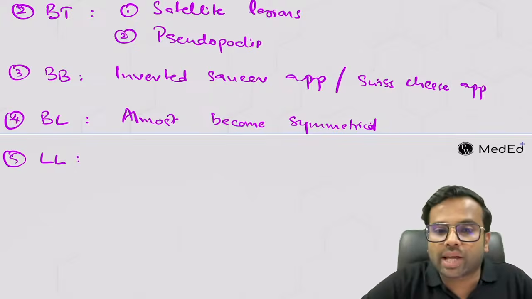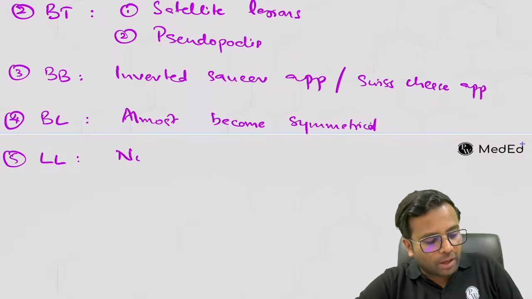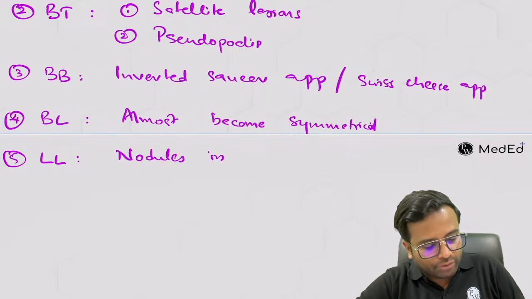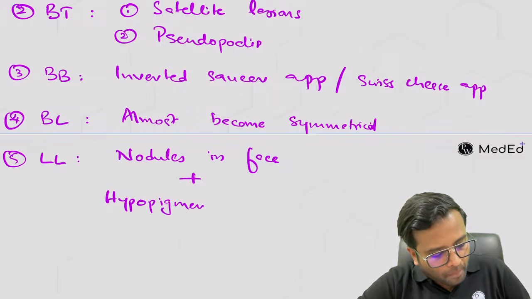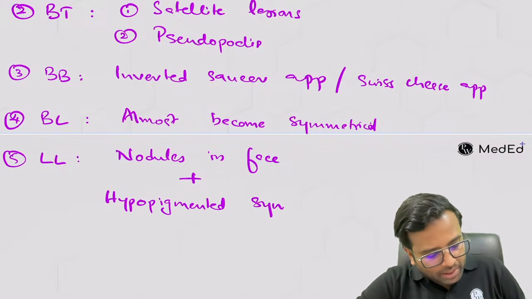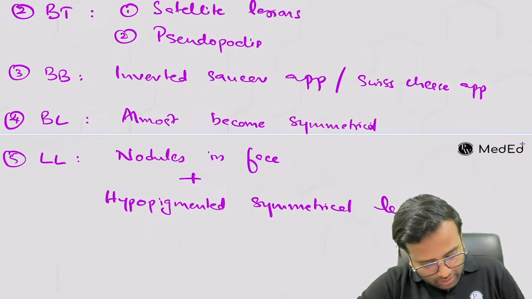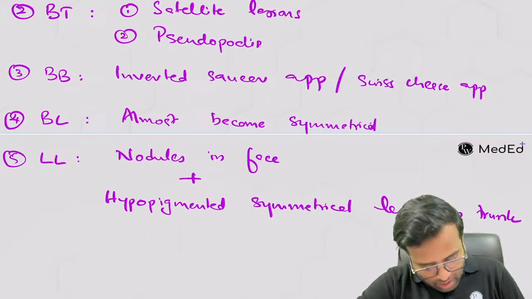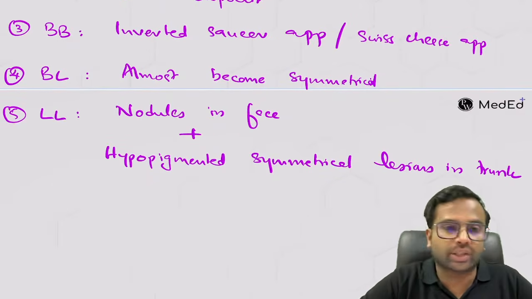In lepromatous type of leprosy, you need to write down that the patient will develop nodules in the face, along with hypopigmented symmetrical lesions in the trunk.